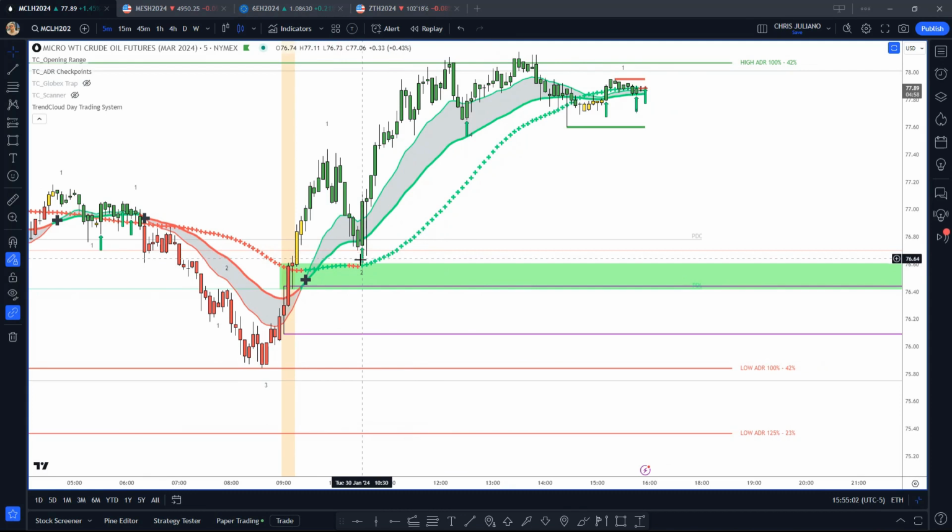So we get a 5-minute Trend Cloud signal that lines up with our 1-hour and 4-hour chart. That gives you the take this signal. And so what happens here? You get a Trend Cloud signal and the next candle pulls back and retests that same area and takes off. Look at this.